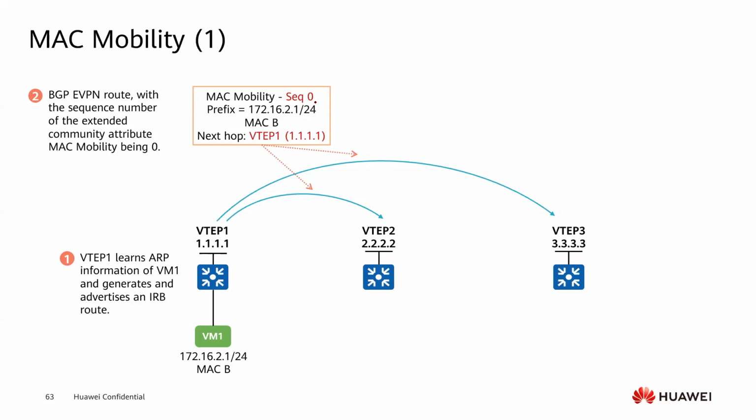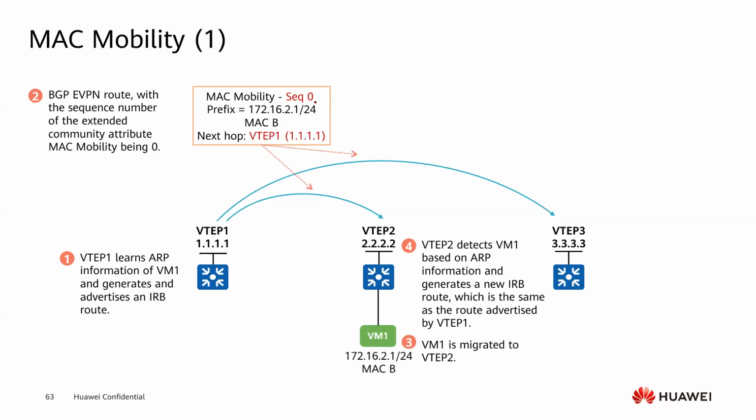Now the sequence is 0, and now the VM migrates to another VTEP, all right? You will find that VM1 is migrated to VTEP2, and VTEP2 detected VM1 based on the ARP information and generated a new ARP route, which is the same as the route advertised by VTEP1.